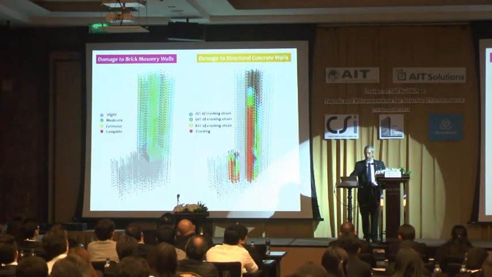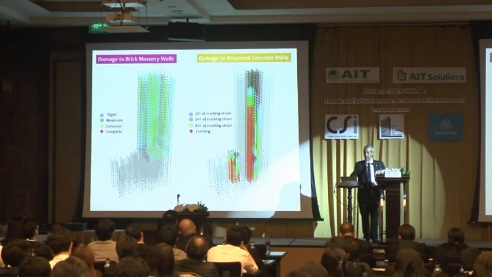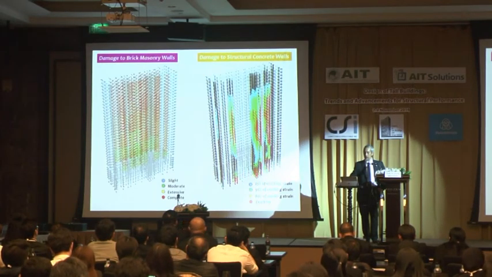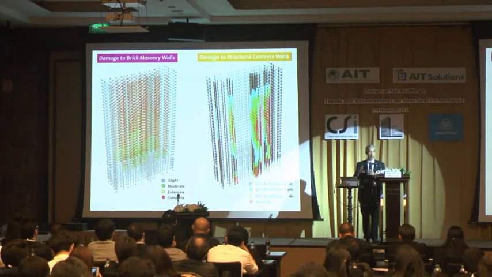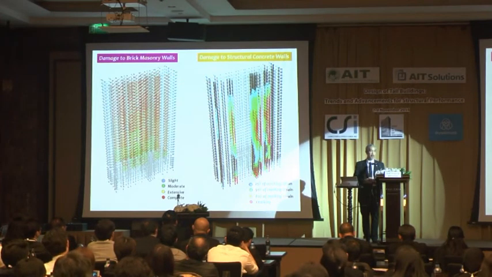This is the result from one example of a tall building, showing damage to many infill walls, partition walls, and damage to the reinforced concrete core. This one is okay, but the other one shows that brick walls, which are non-structural components, will be completely failed.